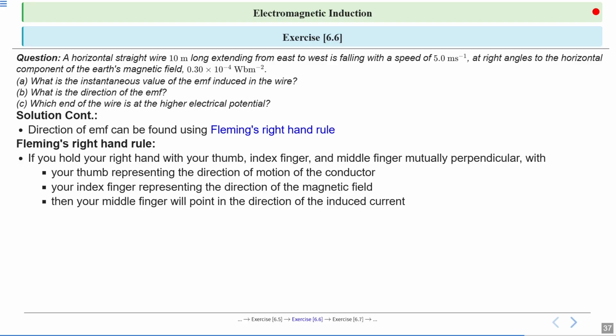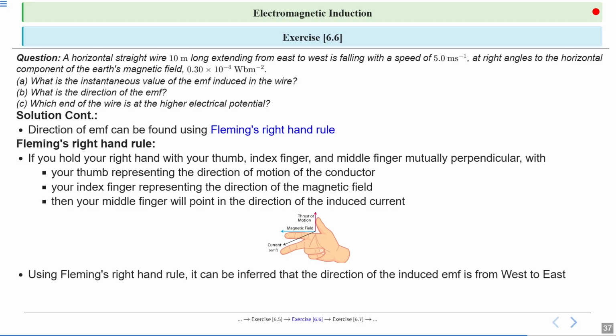If I hold my right hand in such a way that thumb points in the downward direction, index finger from south to north, then the middle finger will represent the west to east direction. So this will represent the direction of induced current. It is shown in the diagram also. So thumb will represent the direction of thrust or motion, magnetic field will be represented by index finger, and middle finger will represent current direction or EMF.